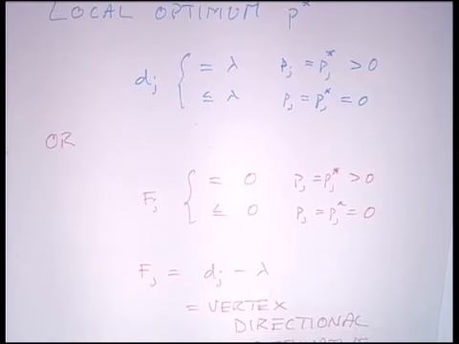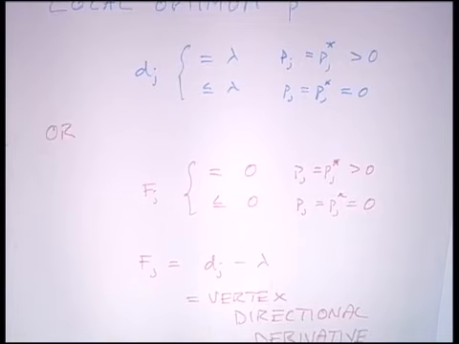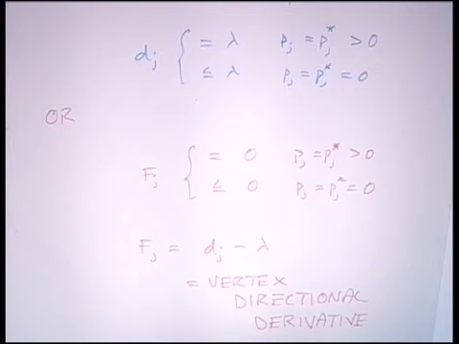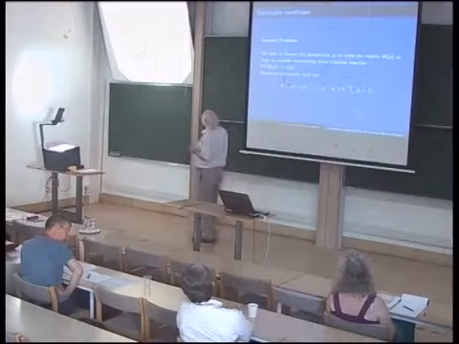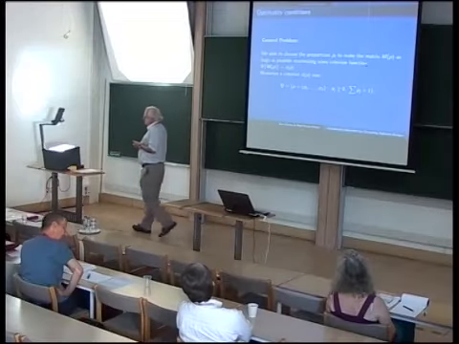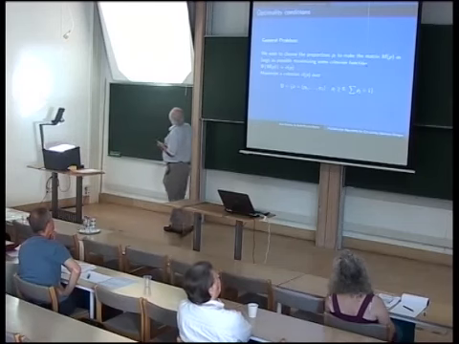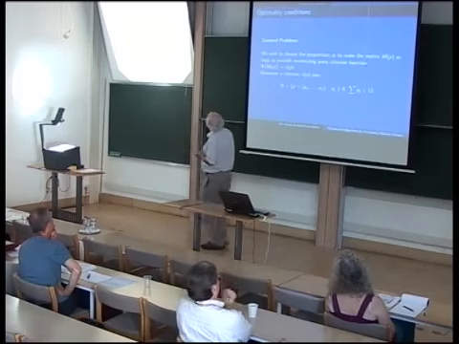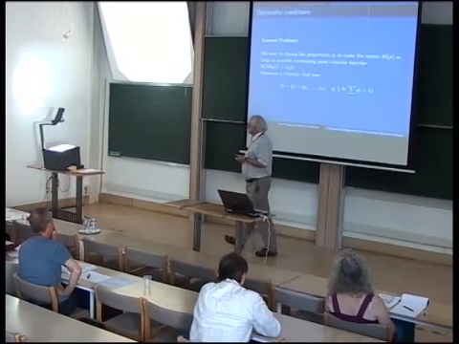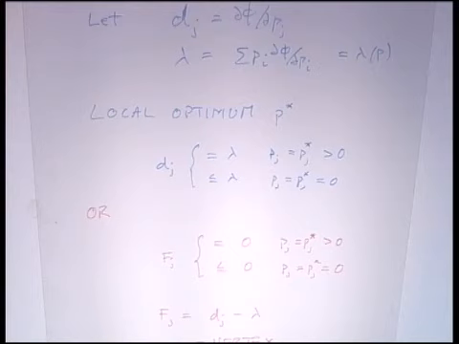And the other derivatives should be smaller than this, or equivalently, directional derivatives, which I call vertex directional derivatives, subtract lambda from the partials, and these f variables should be 0 or negative, according to the weights being positive or 0. This is, of course, the general equivalence theorem.